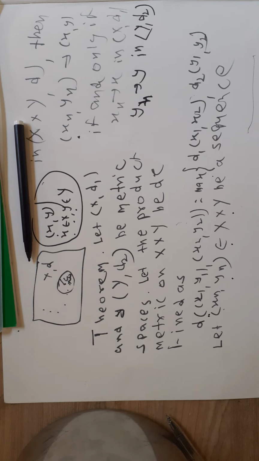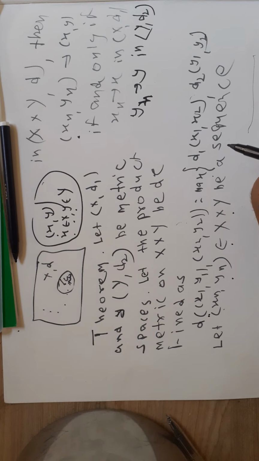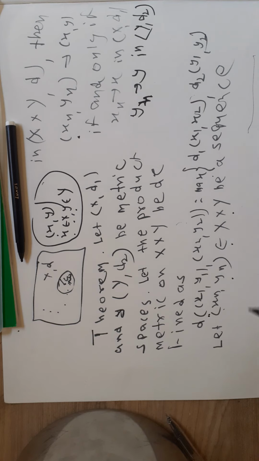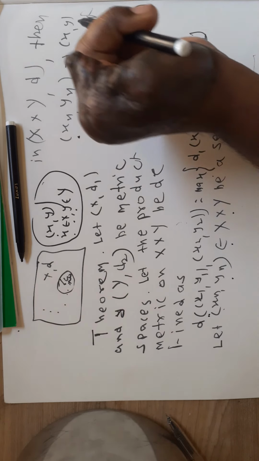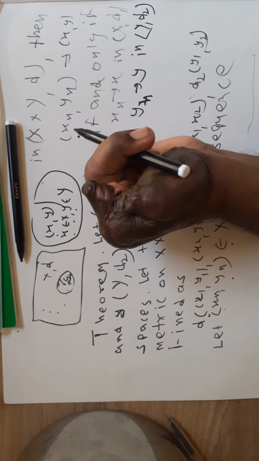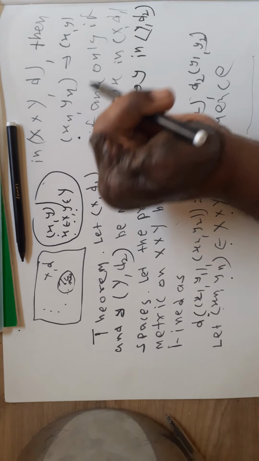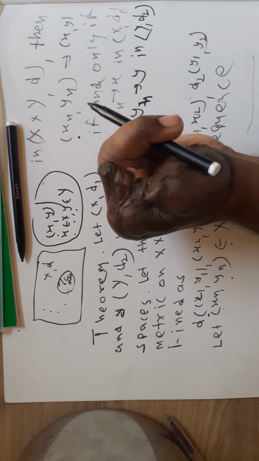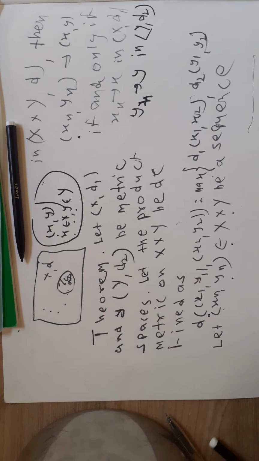If (X, d1) and (Y, d2) are any metric spaces, with the product metric defined as d((x1, y1), (x2, y2)) equal to the maximum of d1(x1, x2) and d2(y1, y2), then the sequence (x_n, y_n) in X cross Y approaches the point (x, y) in X cross Y if and only if x_n approaches x and y_n approaches y. Now we will prove this theorem.